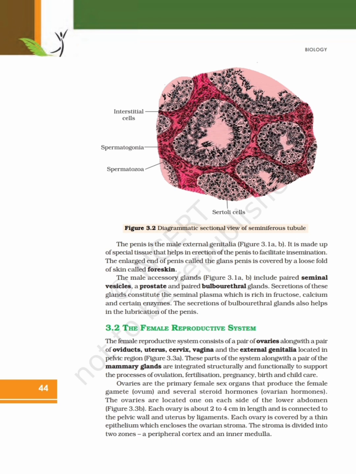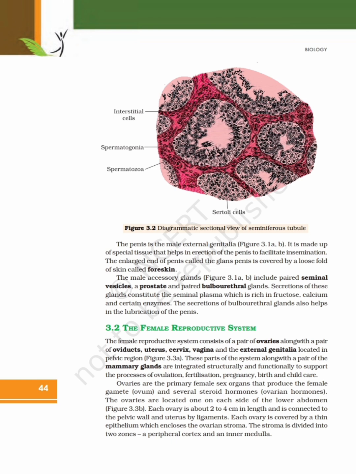Then the secretion of bulbourethral gland has one another function, that is the lubrication. The secretion of bulbourethral gland helps in lubrication of the penis. So that's all about it. So we are done with the male reproductive system.